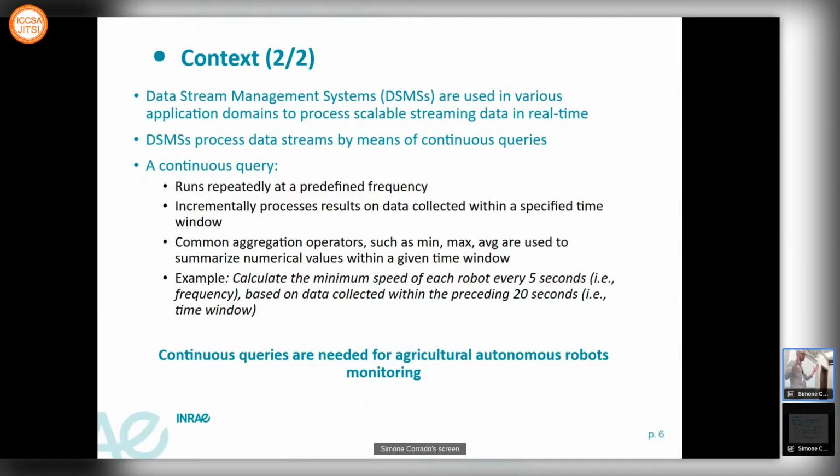Then they can use a window to say, collect data in a window, here 20 seconds. Data stream management systems are widely used, for example by Oracle and Microsoft.